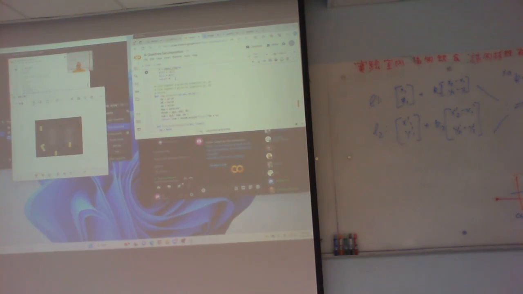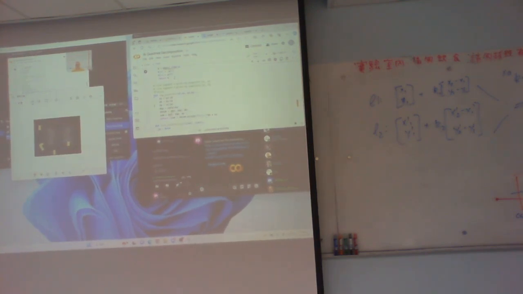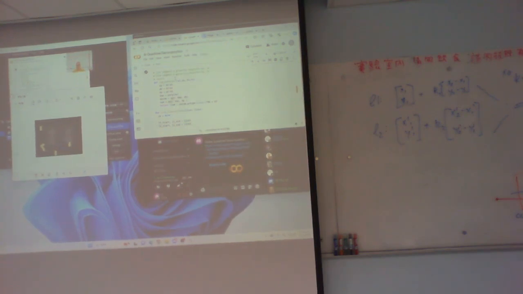The line intersection. One smaller one. And then I need them all as numpy arrays.